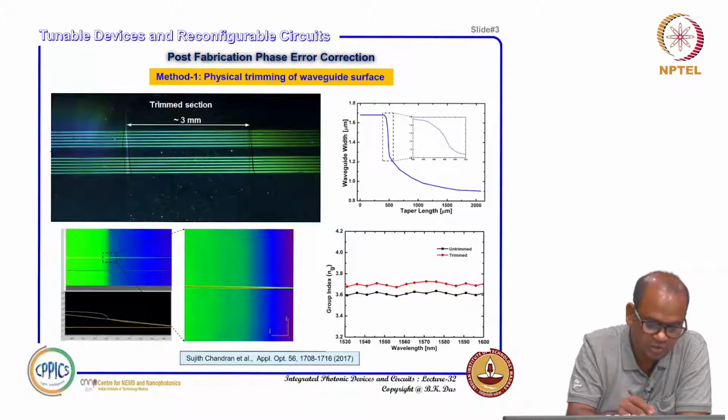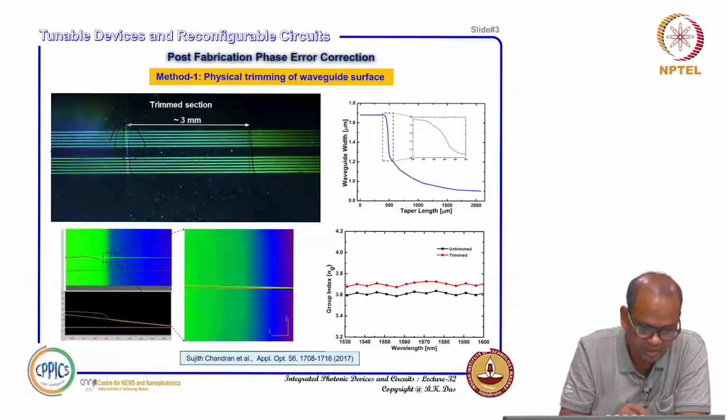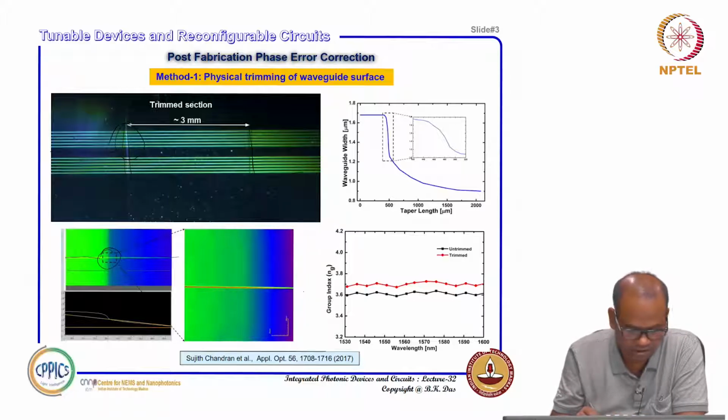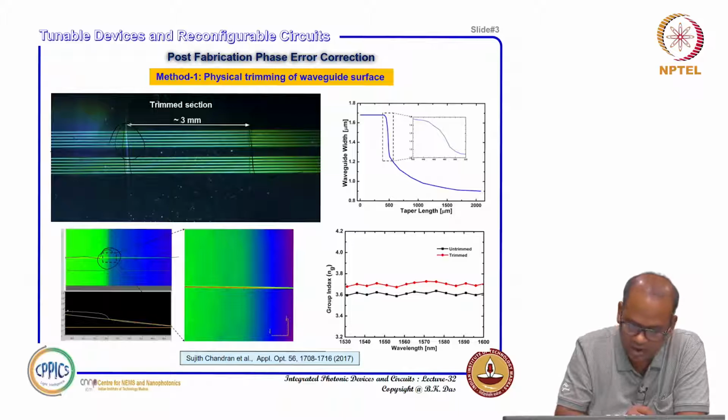If you zoom in on this region, you can see this region has a higher dimension, and slowly the dimension is reduced. This has been zoomed again to this area. You see it is very smooth, adiabatically trimmed. If you see how the height is reduced as a function of length, from this point to this point, the height is slowly reduced.